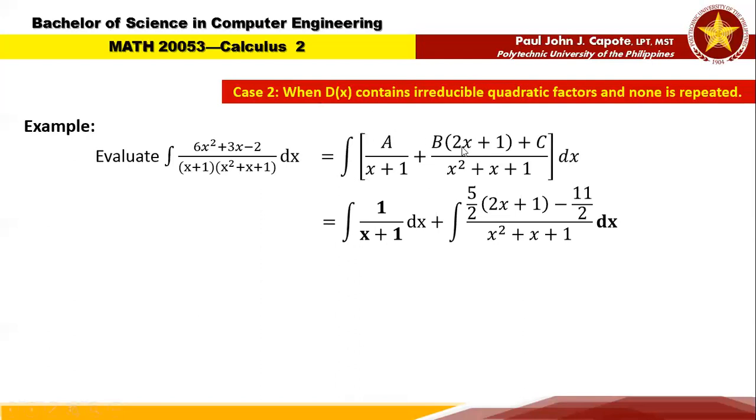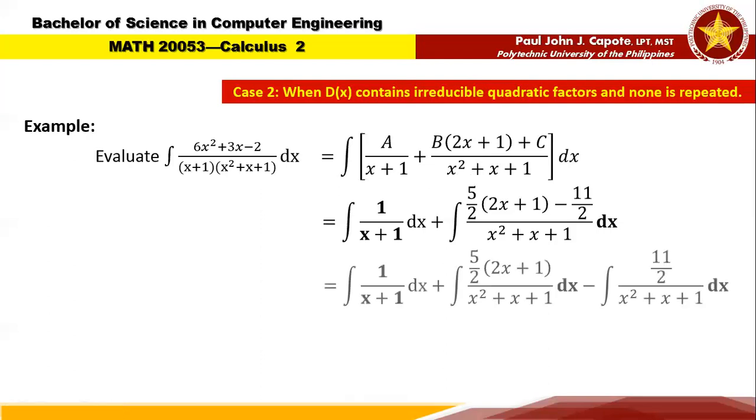By the way, this expression inside the quantity, this 2x plus 1, is the first derivative of the non-repeated irreducible quadratic factor x squared plus x plus 1. Okay. What happened here is we just separated the terms in the numerator since they are of the same denominator. So we separated them.